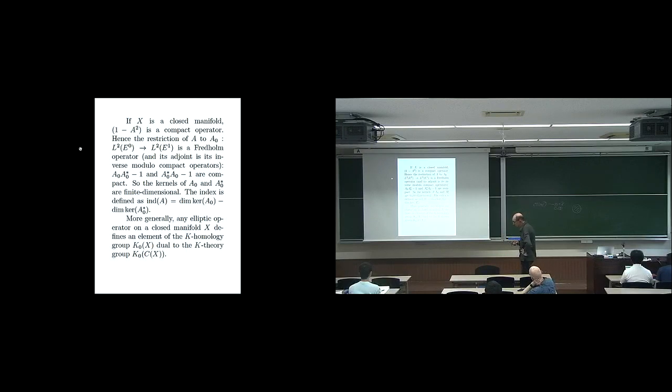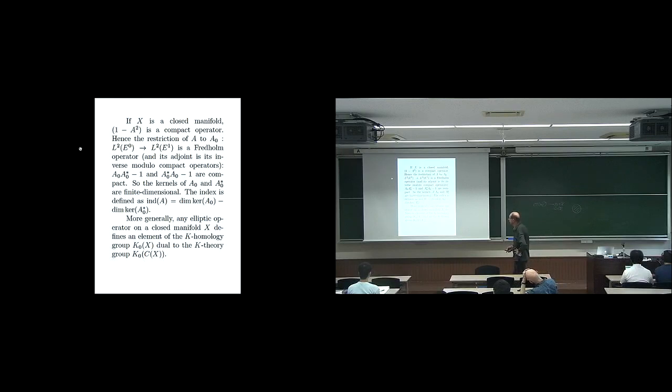Fredholm operators have finite dimensional kernel and finite dimensional co-kernel. So the kernels of A0 and A0 star are finite dimensional, and so we can define the index of a Fredholm operator as the difference of dimensions of the kernels of A0 and A0 star.